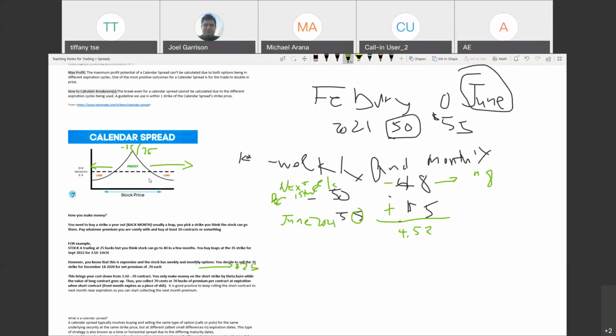Above 25, you lose money. But in the sweet spot around 25, you'll make money. But usually that's not the case because this is idealistic. It's more of you're just going to keep rolling them with more potential profits to the upside or downside.